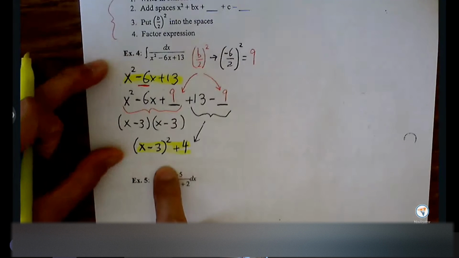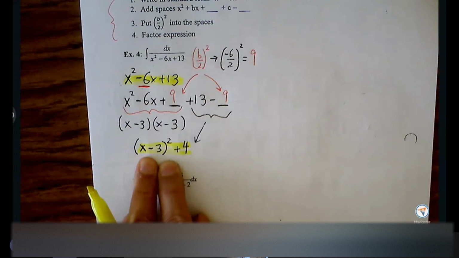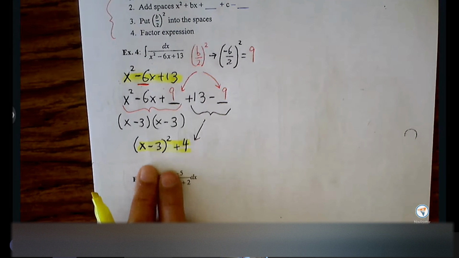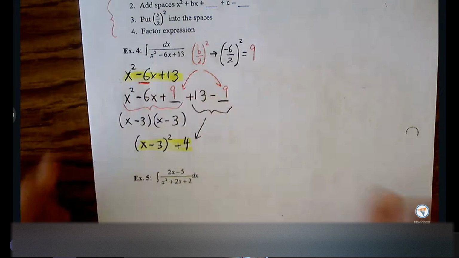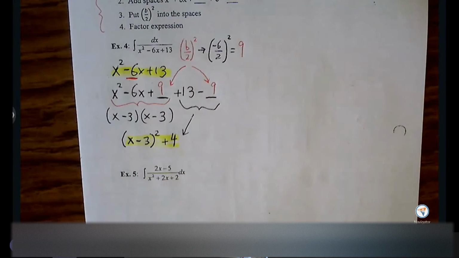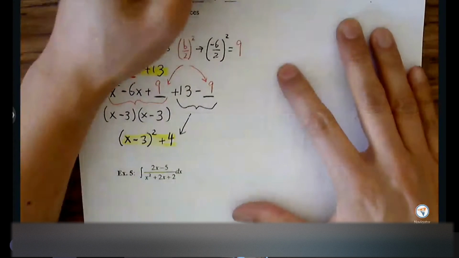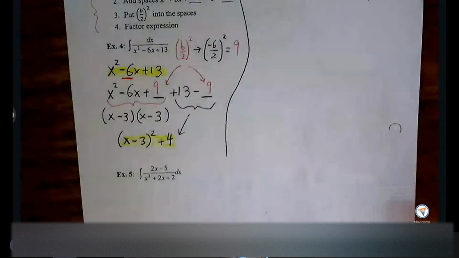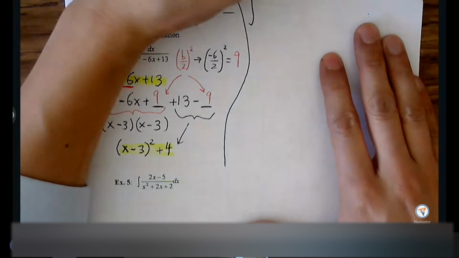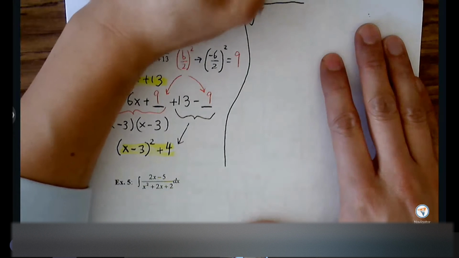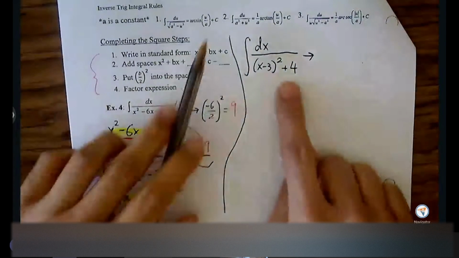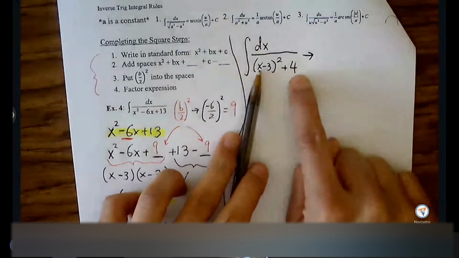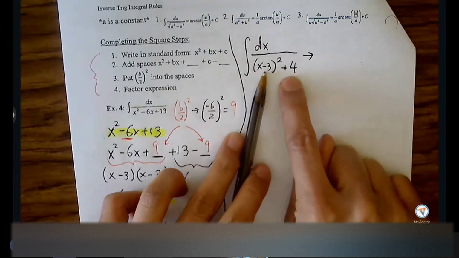These are the same things, but this is a lot more helpful to us because we're moving towards picking our a and u value easier than here. So that's the whole purpose, trying to get that denominator to help us find the a and u value that we need. Okay, I'm going to reset, rewrite my denominator. So we're closer to where we want to be, but let's make sure that we follow through with the procedure.